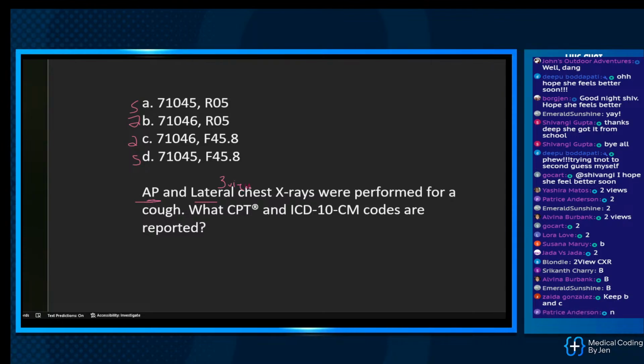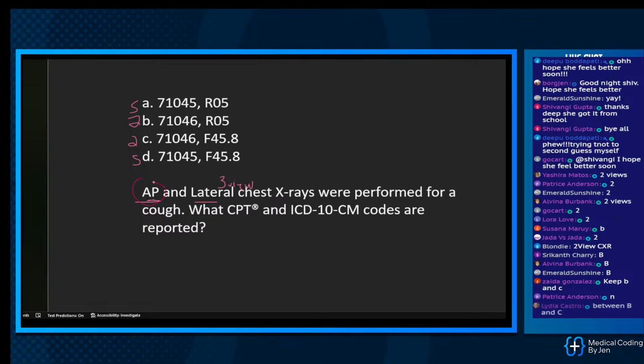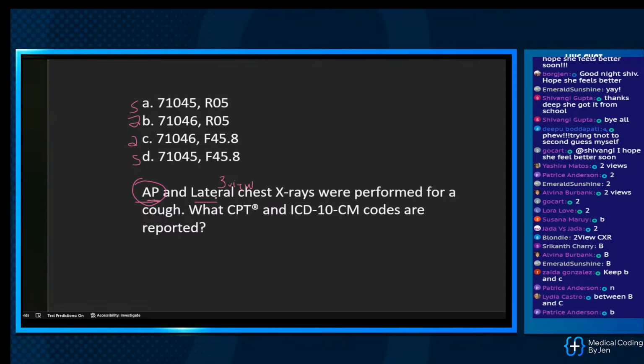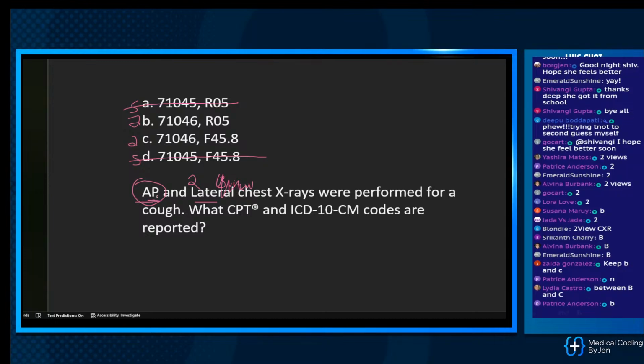But if you know that AP is just 1 view and lateral is 1 view, you know you're only doing 2 views, and on the exam you will pick just the one that has the 2 views, which is the 46. So don't get confused when they actually spell out AP.